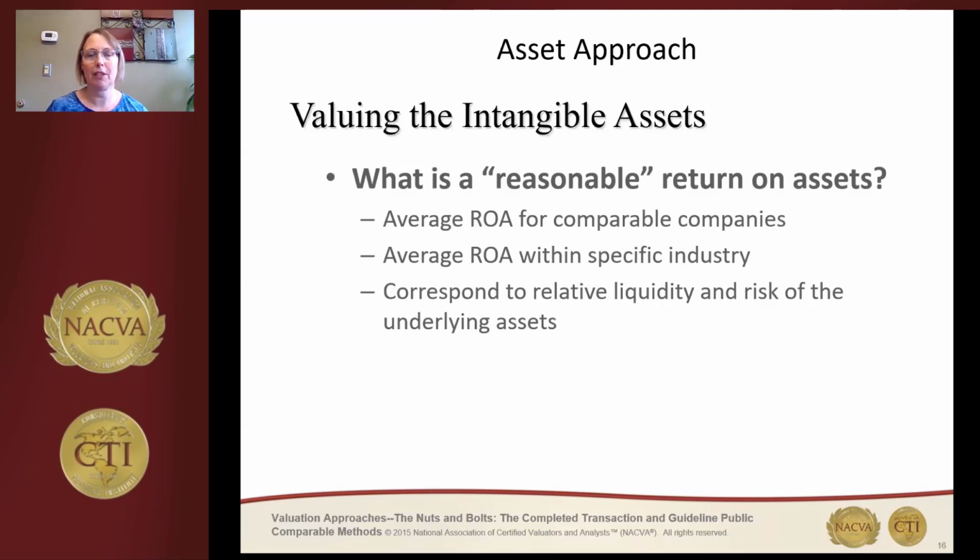We have to do some research and understand. So this is what we can look to: the average for comparable companies and the average within the industry. And again, going back to where we get that data for the industry, we can be looking at things like Risk Management Associates. We can be looking at public company data that's published. We can also be going to actual industry associations and seeing what data they can give you.